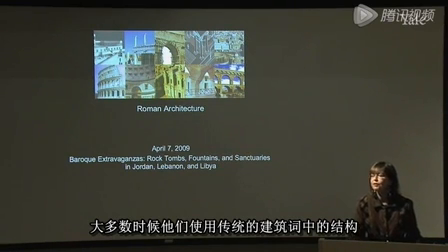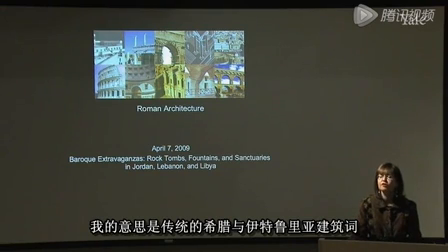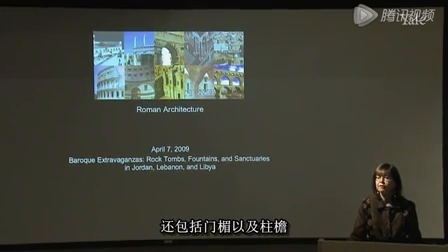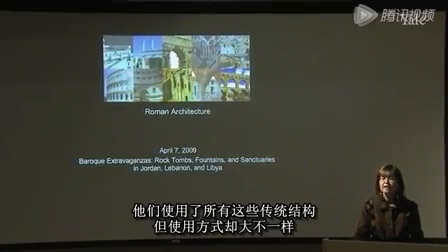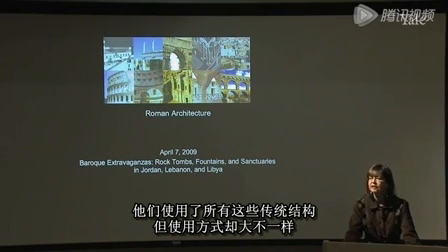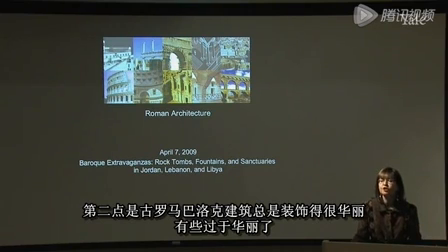By that I mean the traditional vocabulary of Greek and Etruscan architecture, for the most part. I'm speaking of columns, pediments, lintels and entablatures and the like. They use all of that traditional vocabulary, but they use it in a very different way. That's number one.